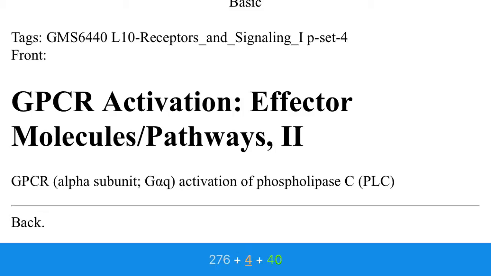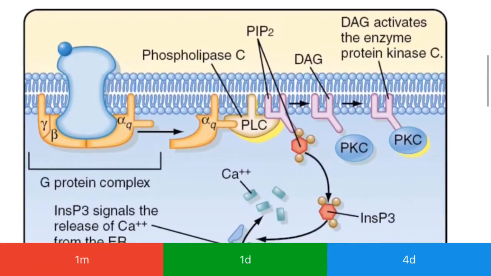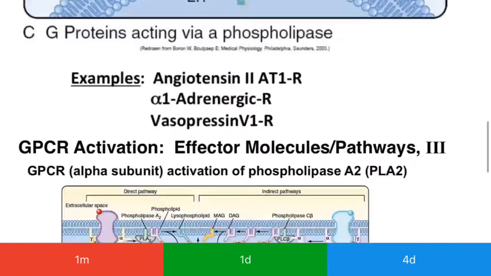That then facilitates the binding again with the alpha Q beta gamma. But the PIP2 also activates DAG, and the DAG then binds to the protein kinase C. So those should be the 2, and that one's the indirect pathway, and then there's a direct pathway that I should cover.